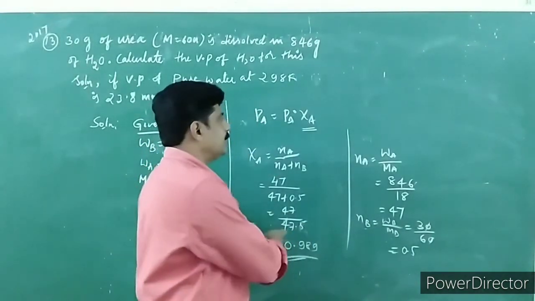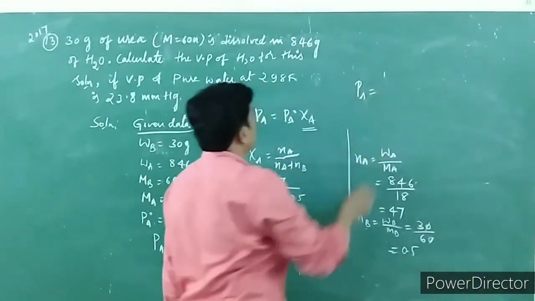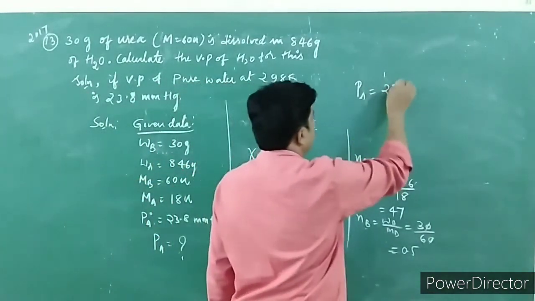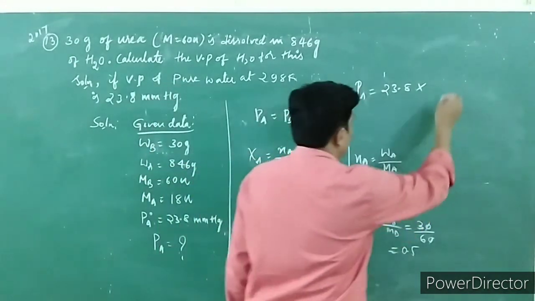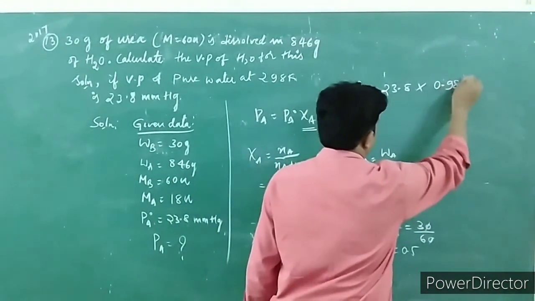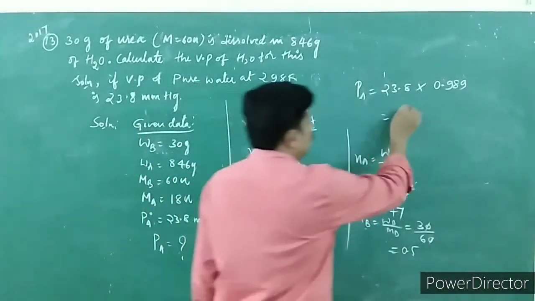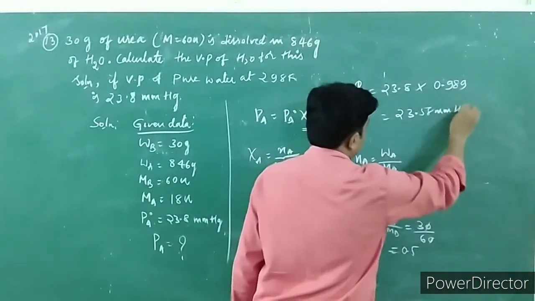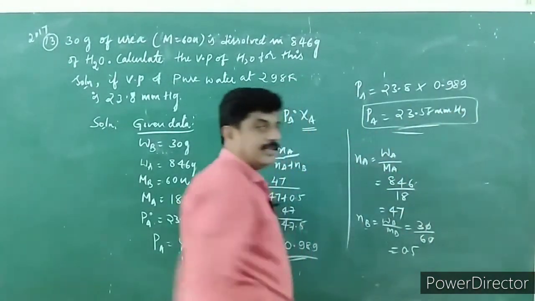Now I substitute the value: PA is equal to PA naught, that is 23.8, into XA, 0.989. If you simplify this, you're going to get 23.58 mm mercury. So this is PA, that means partial pressure of water in the solution.